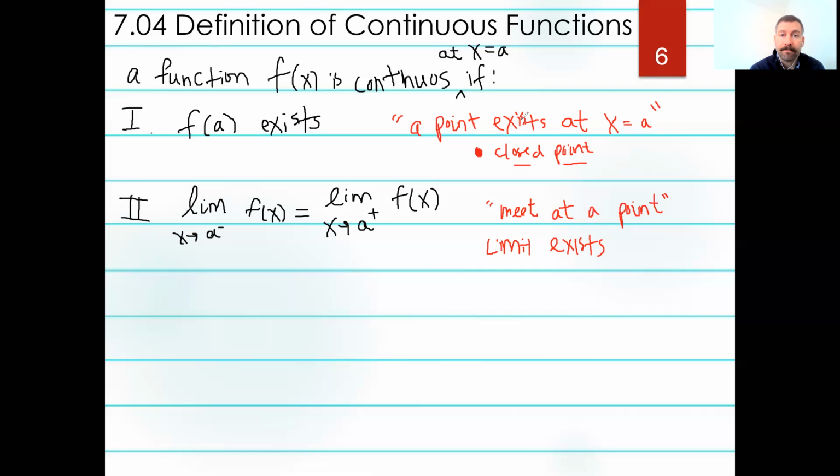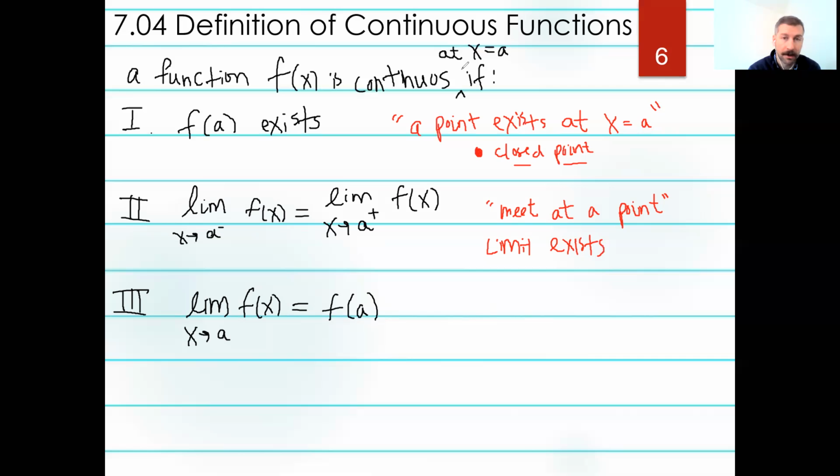And our third condition that must be met here is not only does it have to have a limit, and not only does it have to have a point, but the limit has to actually also be that point at that value of a. So if we take the two-sided limit and actually find where it meets, it must meet at whatever that value is.